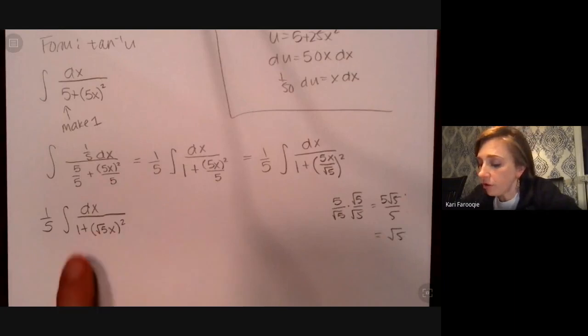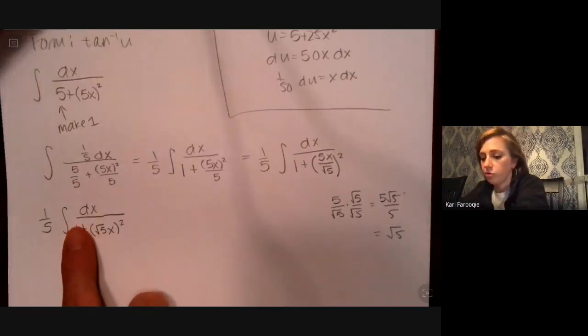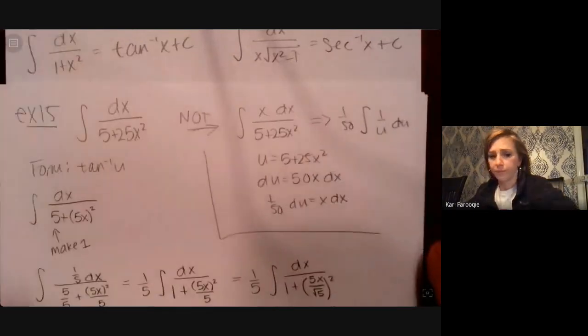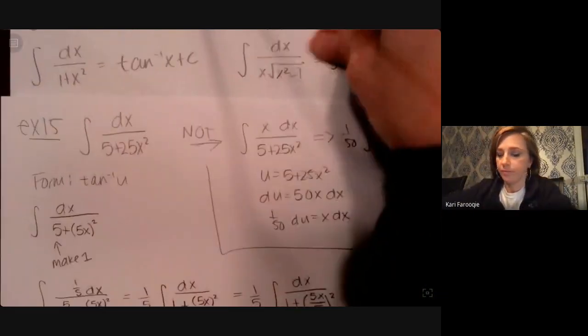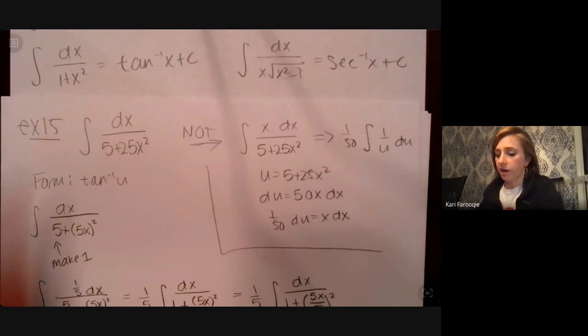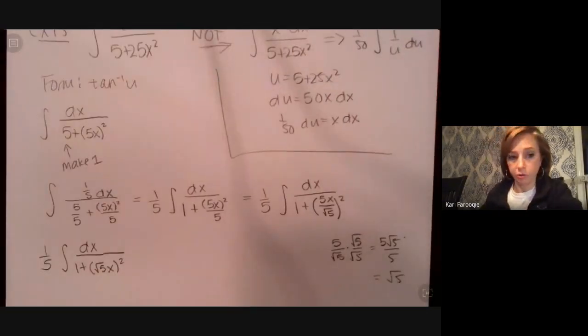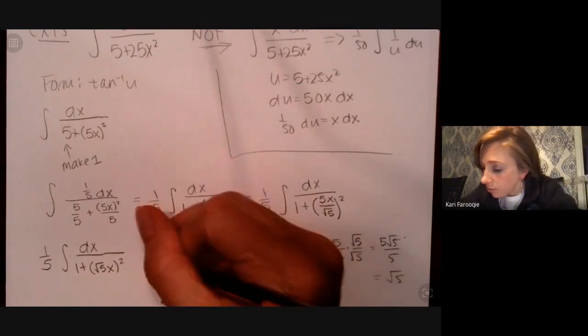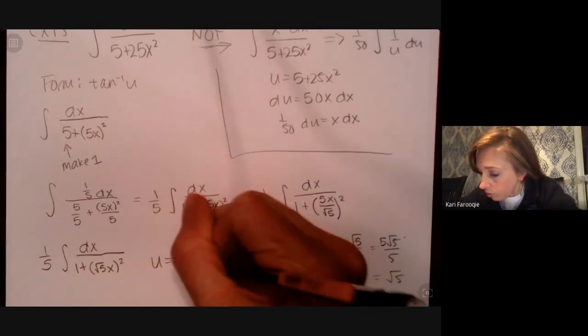But now you can see that we have this inverse tangent form that we're looking for. dx over 1 plus x squared. We're looking for du over 1 plus u squared. Now we don't quite have it yet, but we're easily going to get it by letting u equal the square root of 5x.